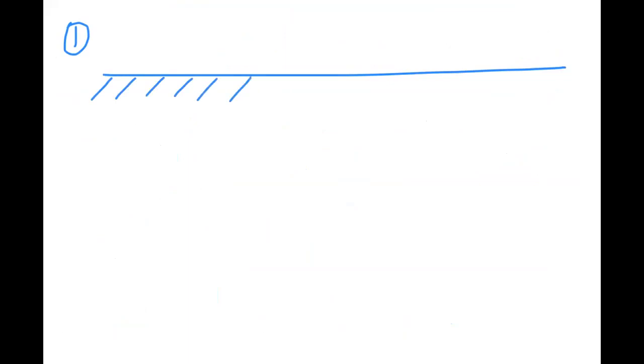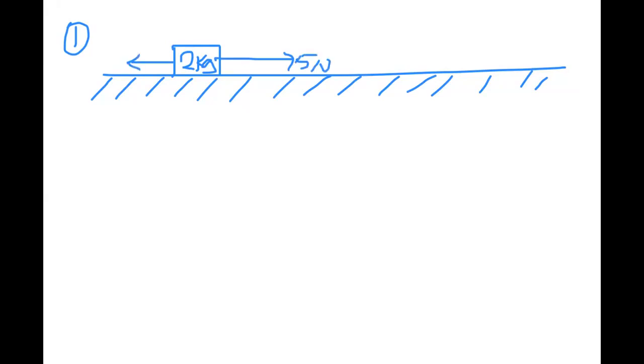All right, example 1 relates to an object sitting on a surface, and we have two forces acting on the object. This is 2 kilograms. There is a 5 Newton force acting on this object, and there's a force backward that is 2 Newtons.